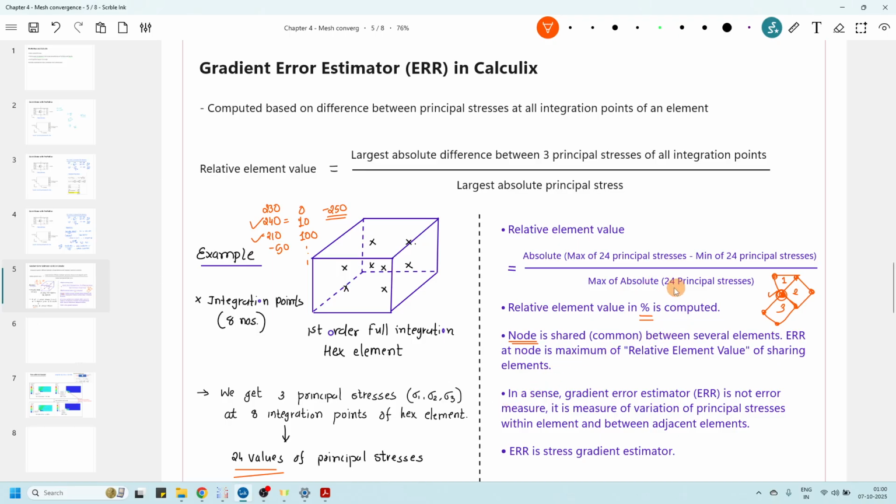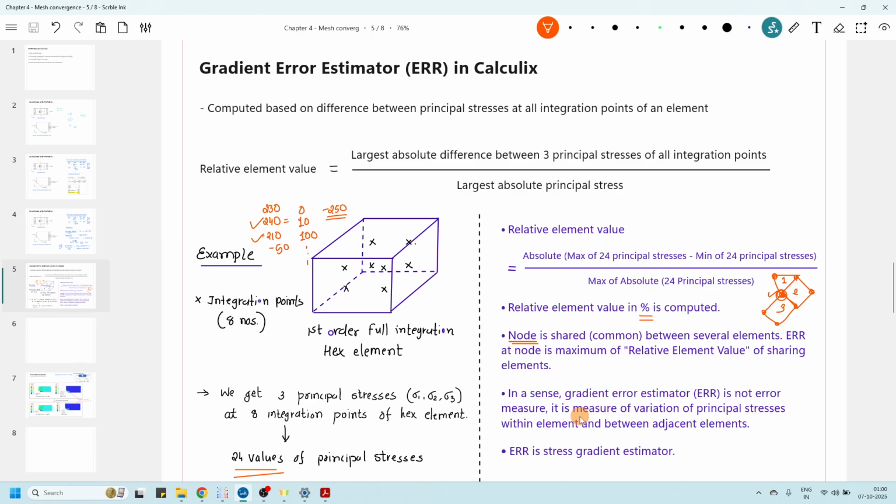So now we can understand from this definition the ERR, which is reported at a node, is basically from the elements only. In a sense, this gradient error estimator is not error measure. It is something difference of principal stresses.